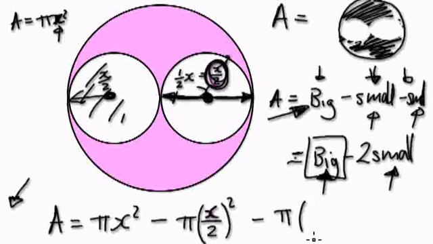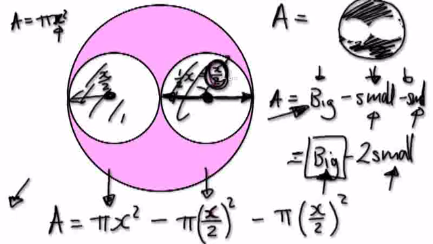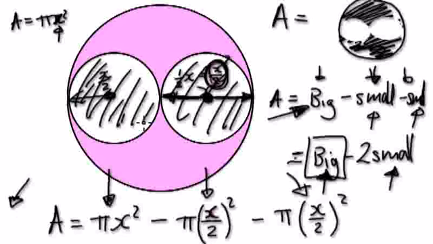So pi x over 2 squared. So this is the area of the big circle, the area of the small circle, and then this block here is the area of this small circle.